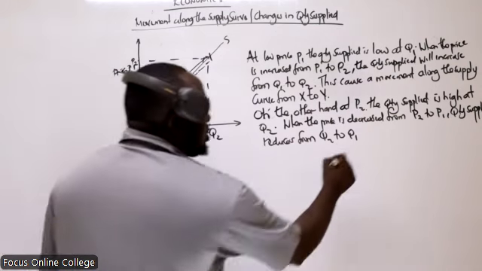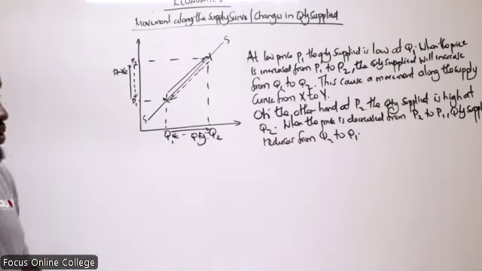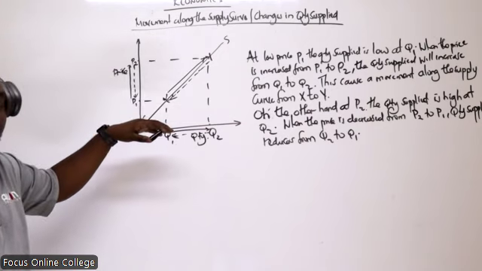And what does this basically cause along the supply curve?